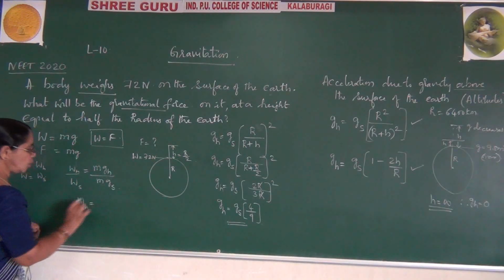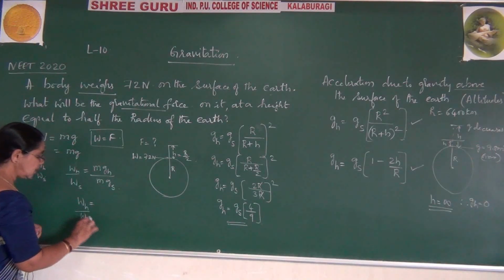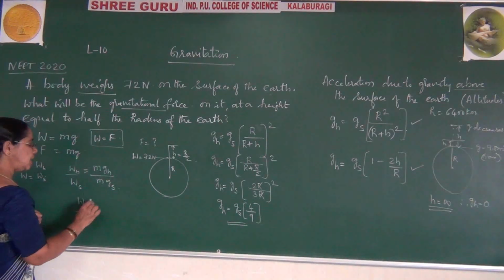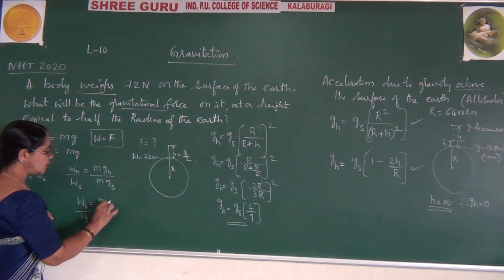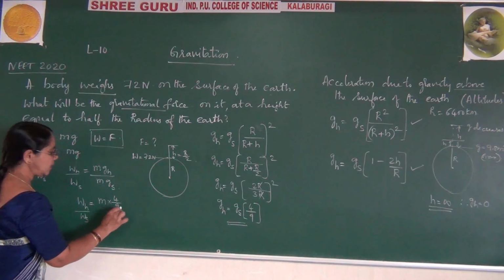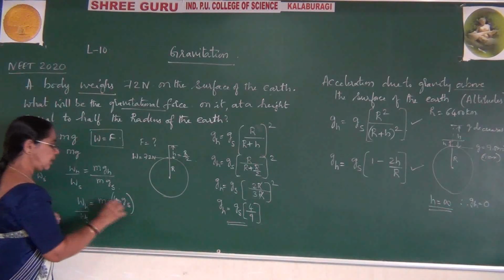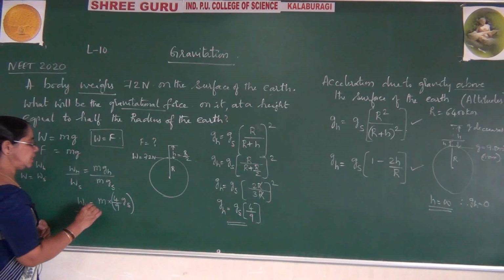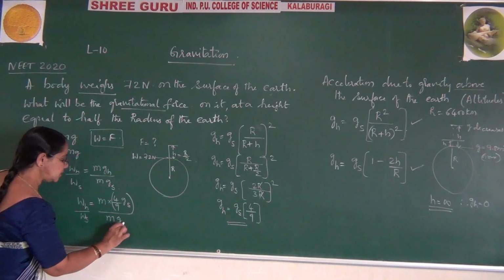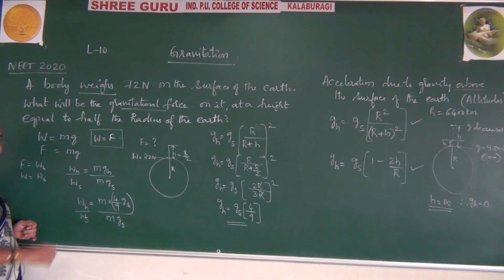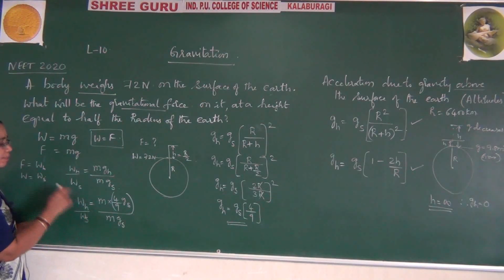WH is equal to, this is WS, MGH. M into GH. What is GH here? This is 4 by 9 into GS, divided by M into GS. Now you have got this condition. Let me substitute here.